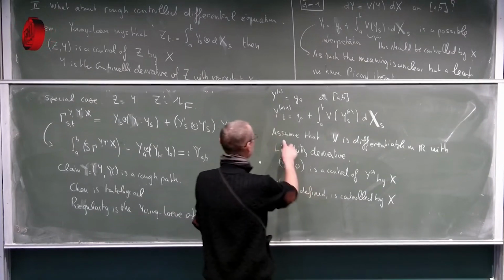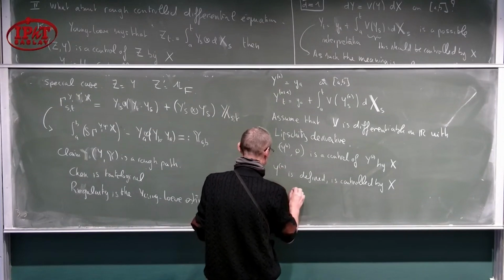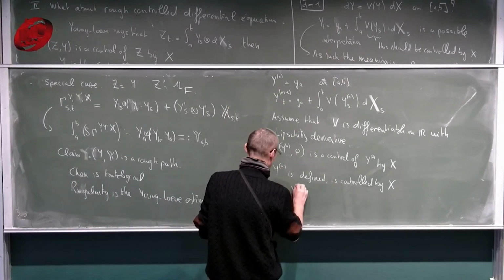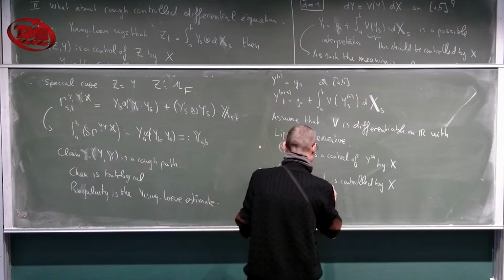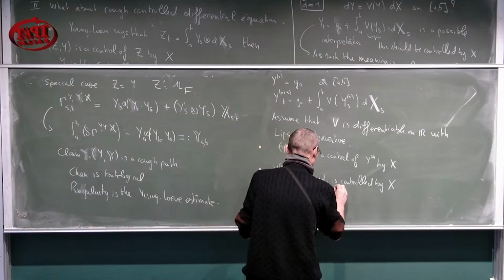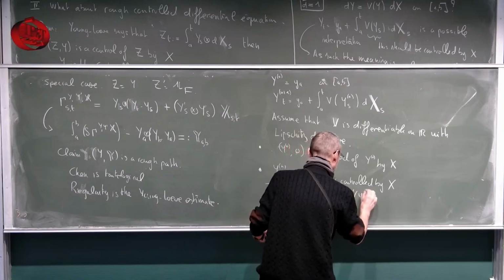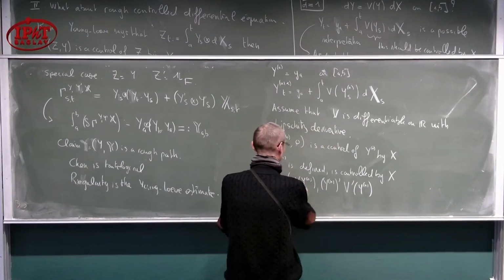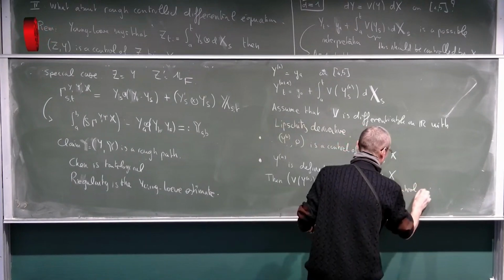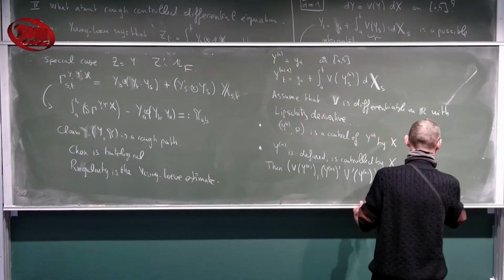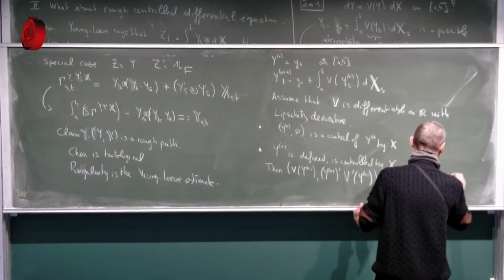Well, then, because of the properties of V, V of y_n, with derivative y_n prime times V prime of y_n, is a control of V of y_n by x.